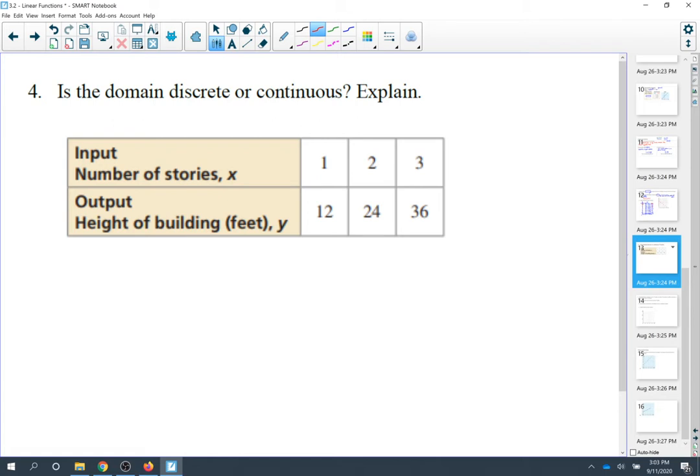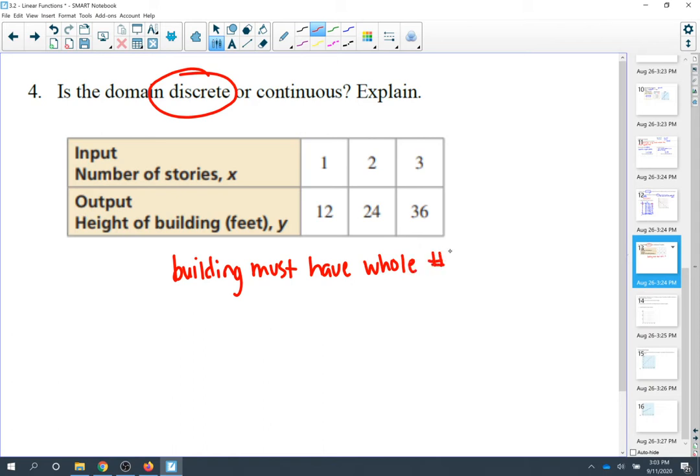Well, this is definitely discrete because we don't build buildings with 1.5 stories. Otherwise, a very short person might not be able to fit. So when you build a house or a building, you must have whole numbers for stories.